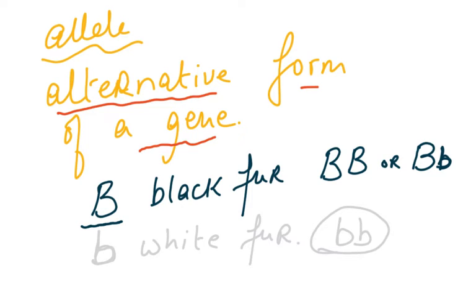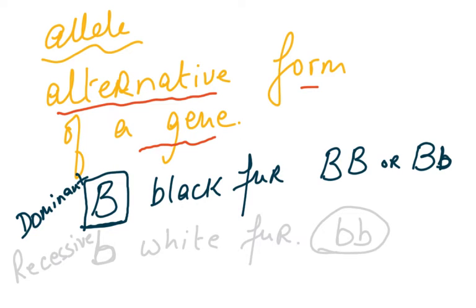Now, we as biologists will decide that because we have to know when we give it a capital letter, like big B, that means this is a dominant trait. If I've said in the question it's a capital letter, then it's a dominant trait. But if I've given it a small letter, that means this is a recessive trait.